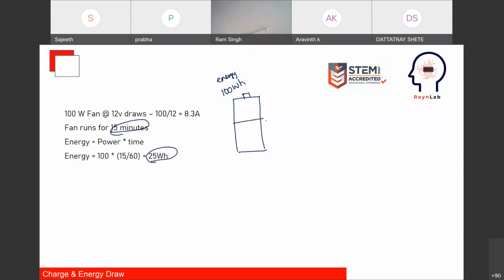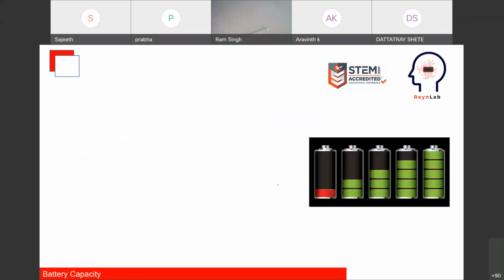So what remains is 75 watt hours. Now, very often we need some kind of indication for this, so we use terms called state of charge or state of discharge. State of charge, or SOC, basically tells you how much charge is present in the system.